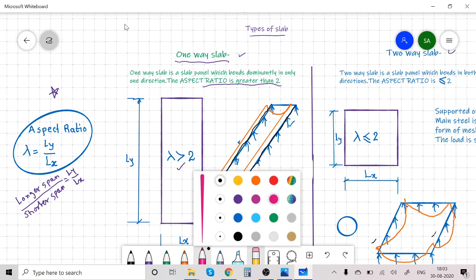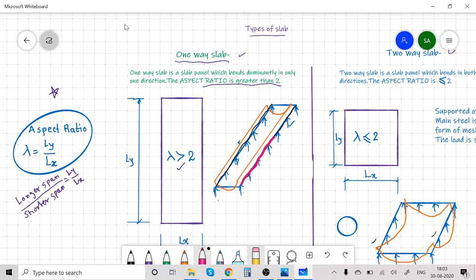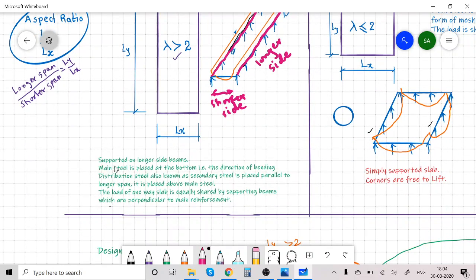See, the slab is supported on these two longer beams, and see, this is the longer side and this is the shorter side, and the slab bends along the shorter direction, along the shorter side. So one way slab is supported on longer side beams.